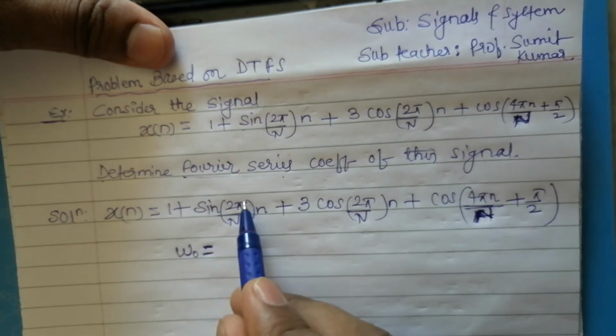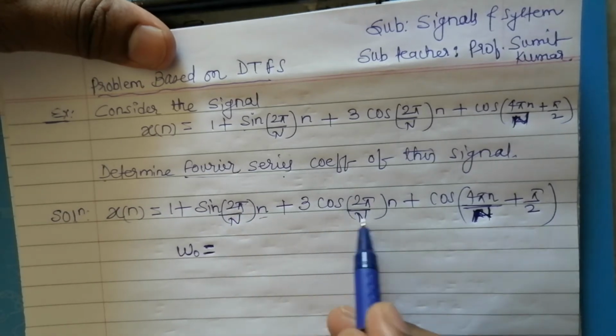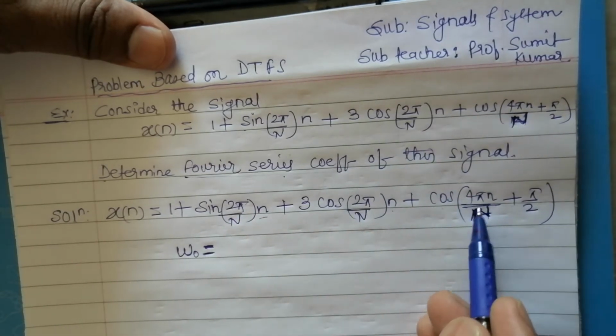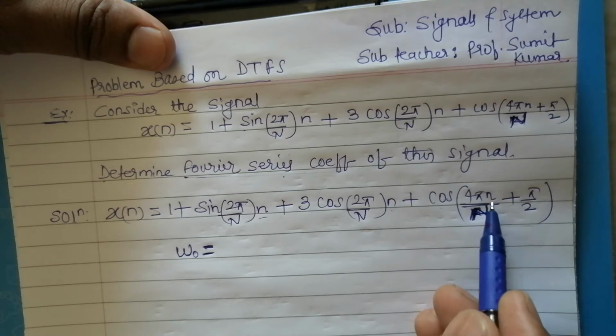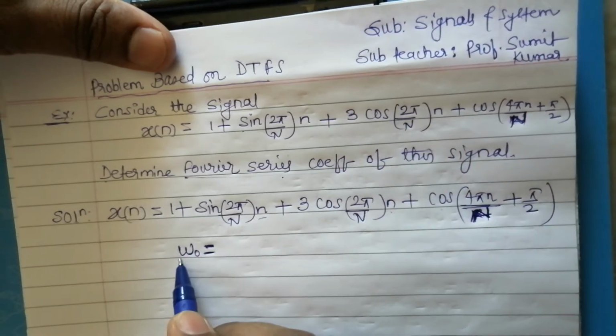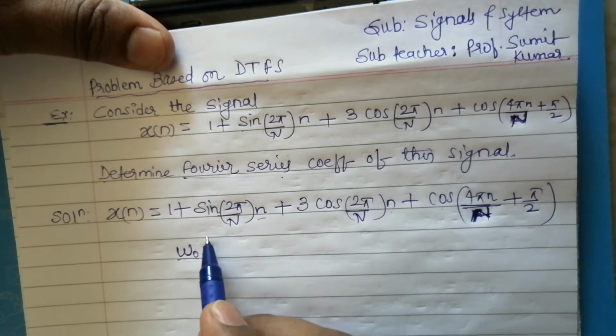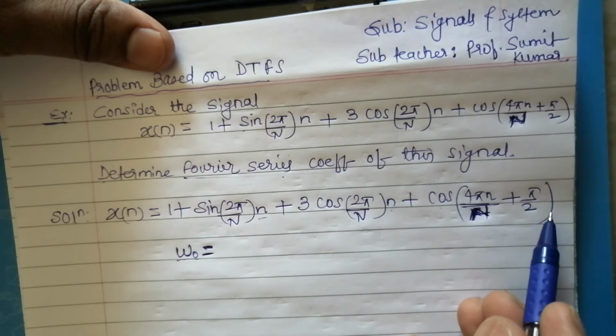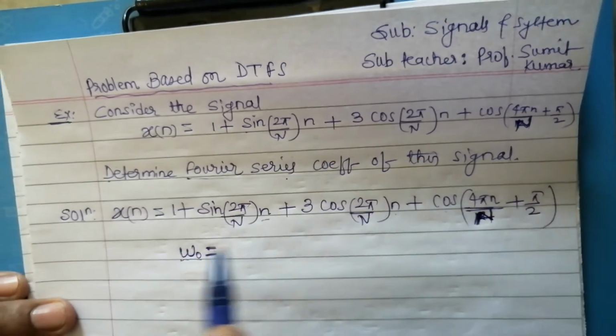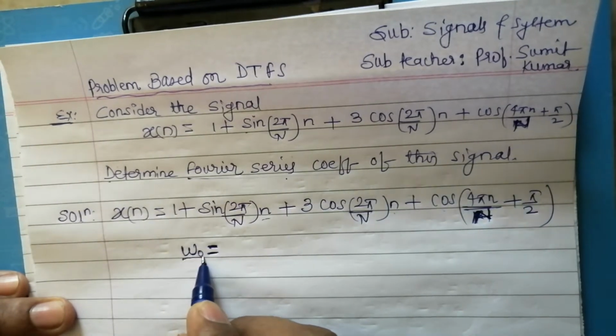This part is sine omega n, cos omega n, cos omega n. But since omega is the fundamental frequency, let us find the fundamental frequency from the given expression.